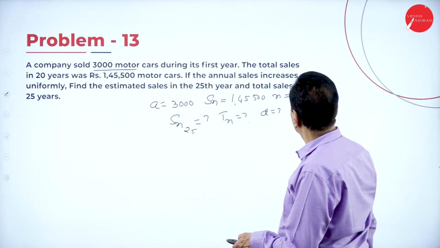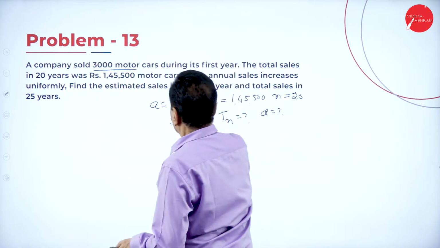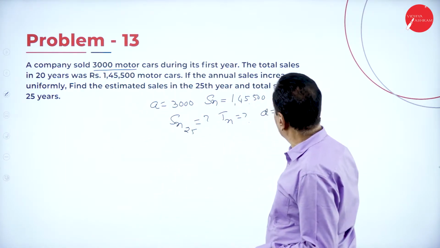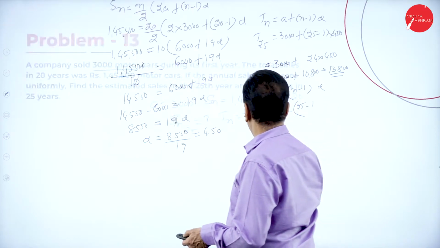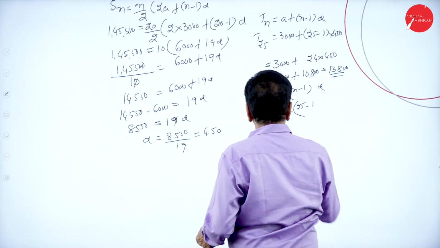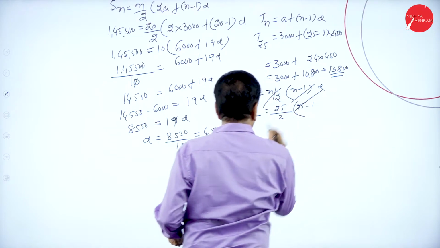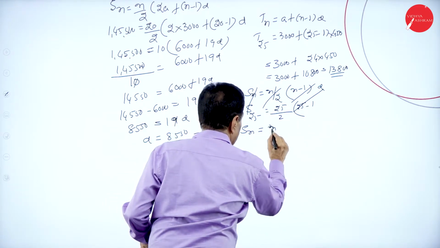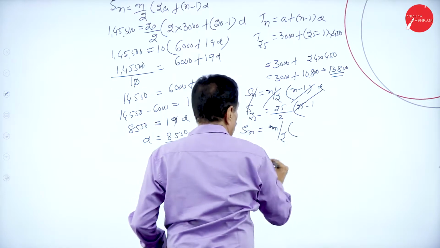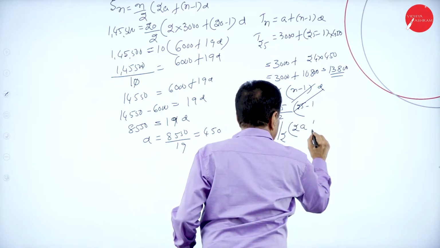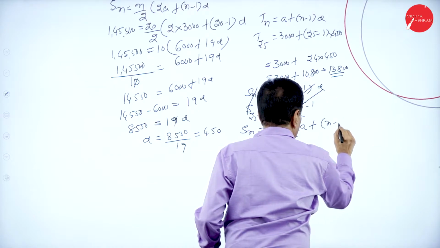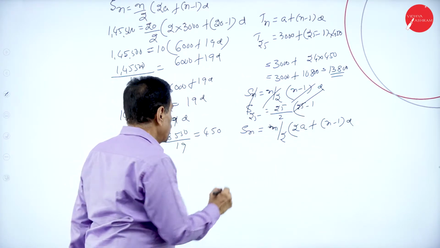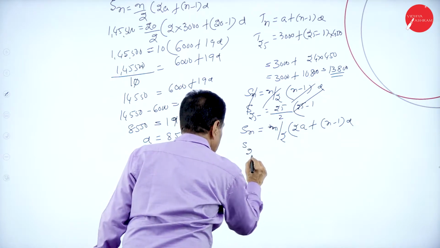What does he want? Estimate the sale in the 25th year and total sales in the 25 years. Formula: Sn is equal to n by 2 into 2a plus n minus 1 d. He wants the sum, total sum for S25.